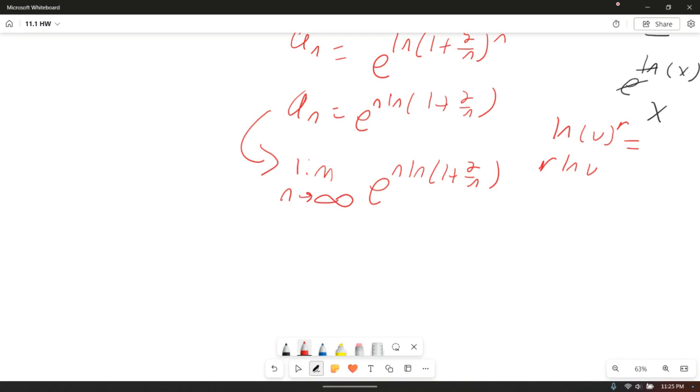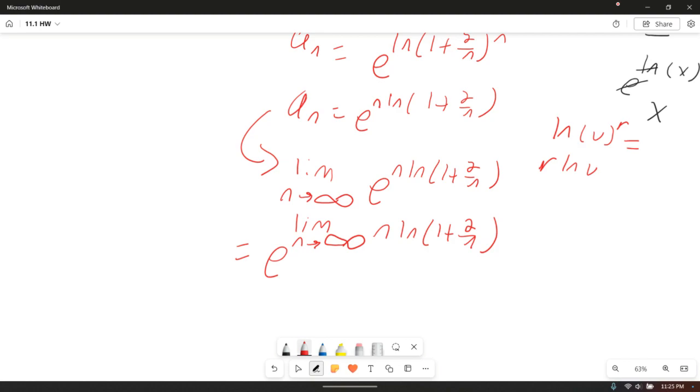Then, using the limit of a composite function rule, we say that this equals e to the limit as n approaches infinity of n ln of (1 plus 2 over n).